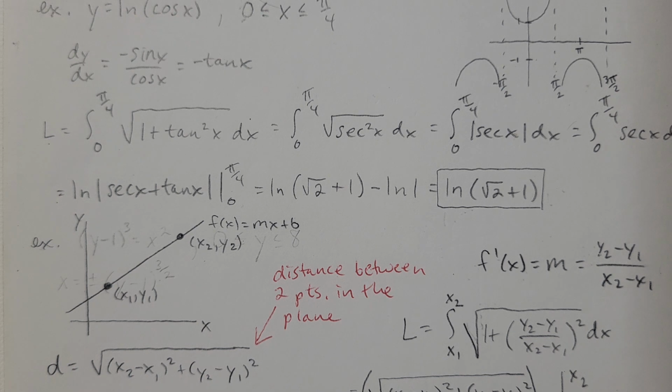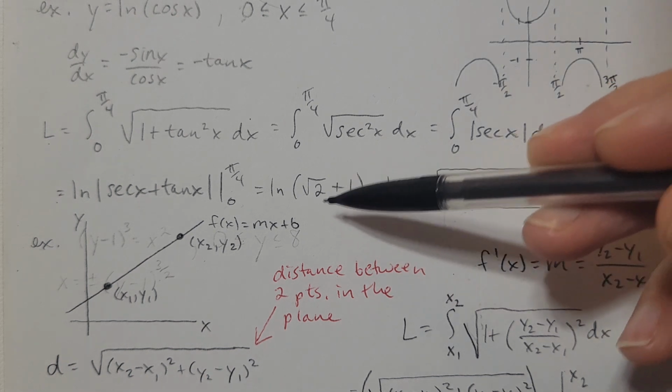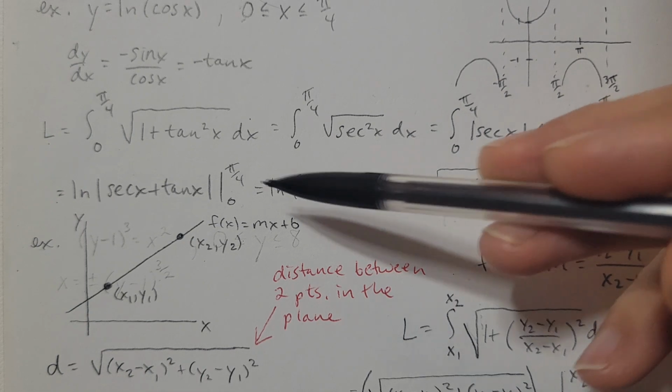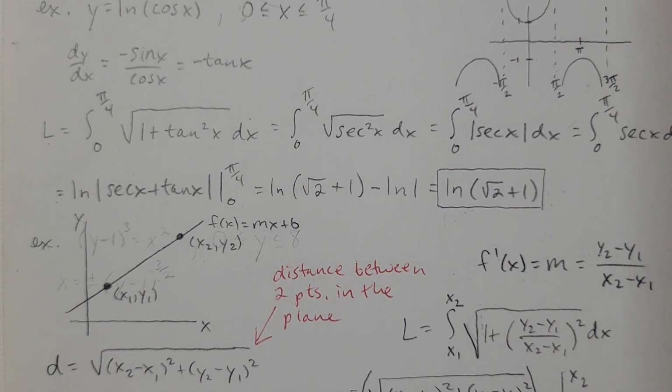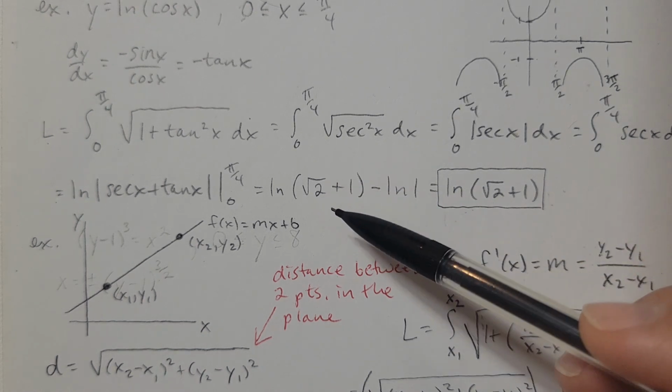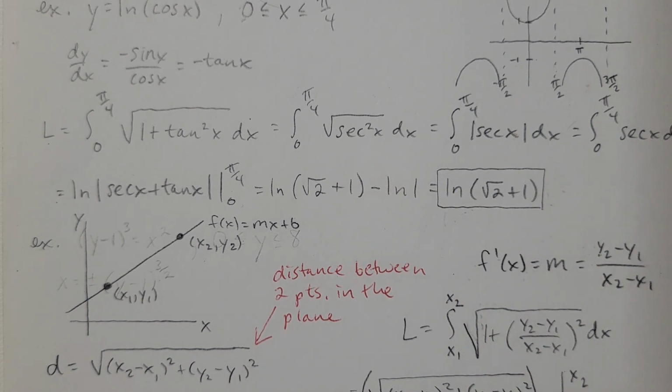Secant of pi over 4 would be the reciprocal of that, so instead of 1 over root 2, I'm going to have root 2 over 1, plus tangent of pi over 4 is 1 over 1. That's 1. And I can lose the absolute value bars because root 2 plus 1 is already a positive number.